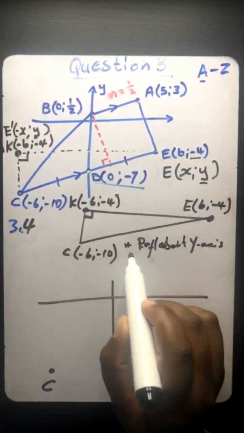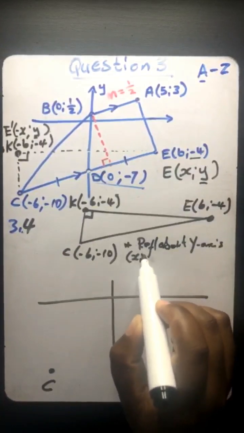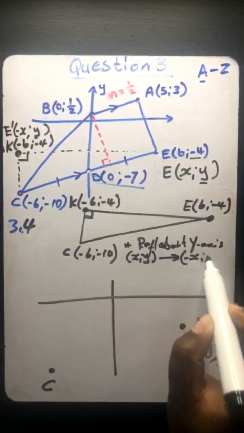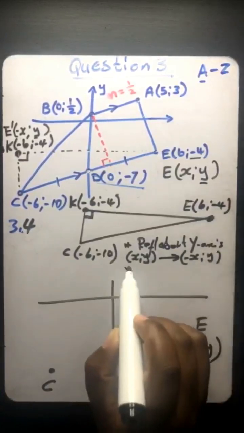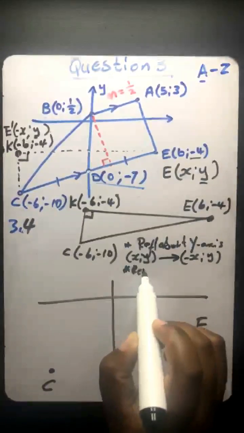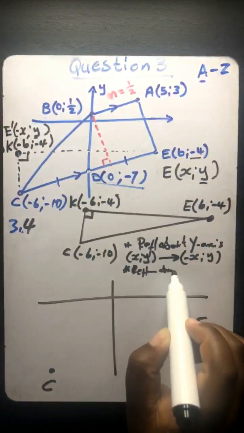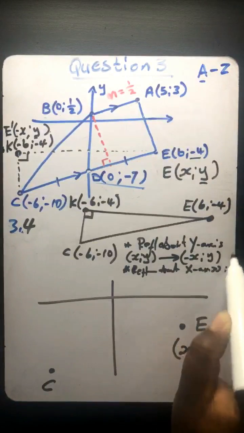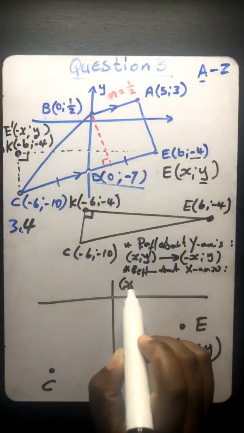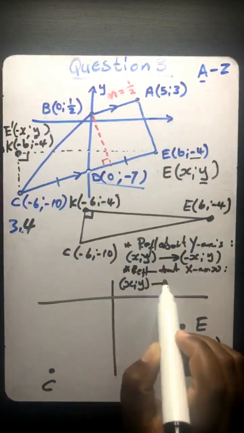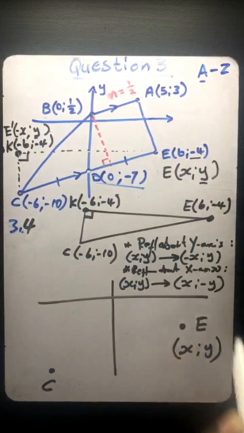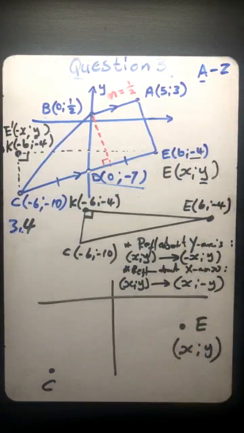Then this is how you can represent it. You just say X and Y changes to -X and Y. Then a reflection about the X axis. It starts with the original coordinates. Then what changes is actually that. You can just write down that as part of your notes.